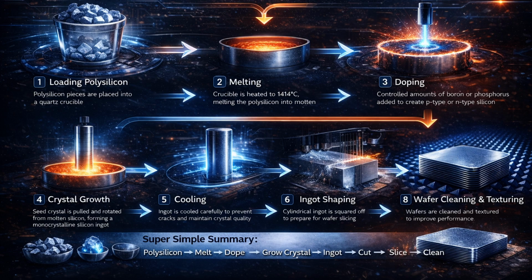So we have the polysilicon, it is melted, it grows the crystal, then it forms the ingot. Then the ingot is cut into slices, then cleaning, and then we get the wafer. Very simple: solid, liquid, crystal, and thin sheets.